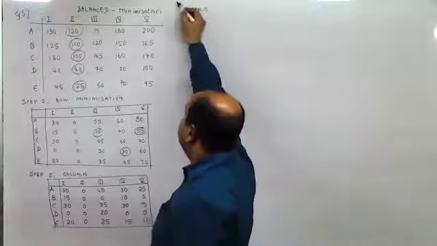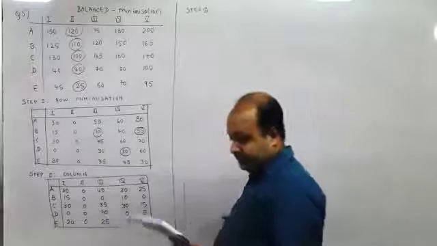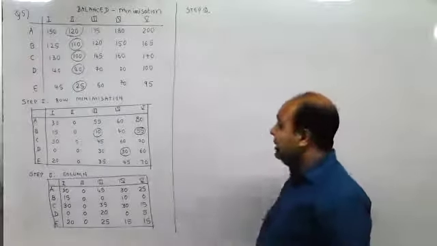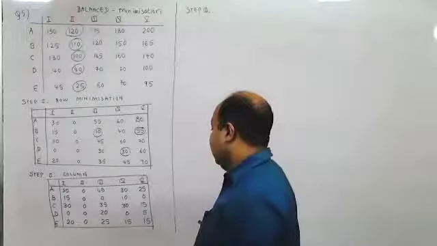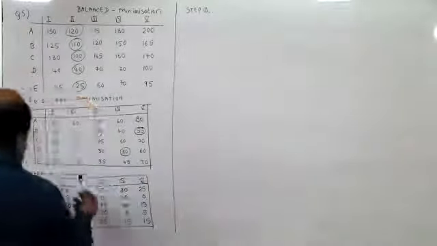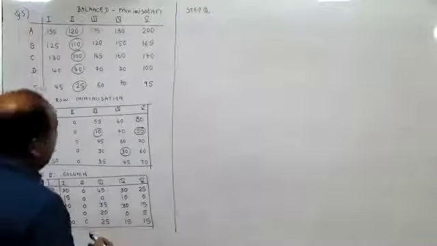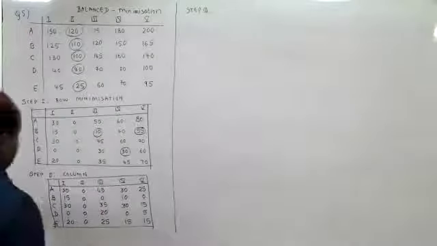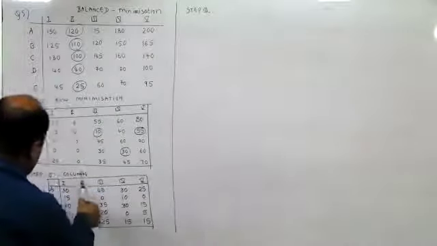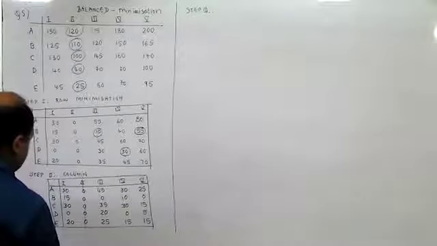Step 3. After column minimization, the next step would be drawing lines to cover all zeros. Here, only 3 or 4 lines are required. So draw line to cover all zeros. One here.